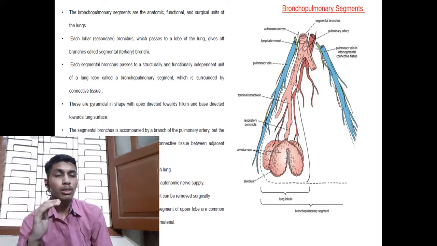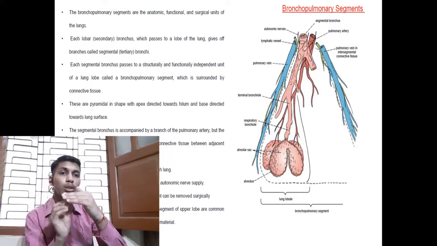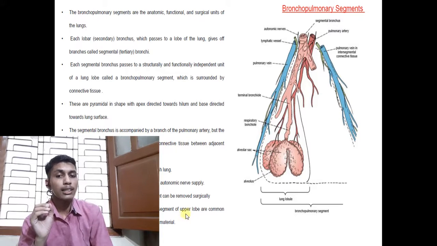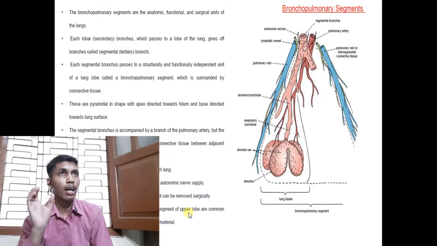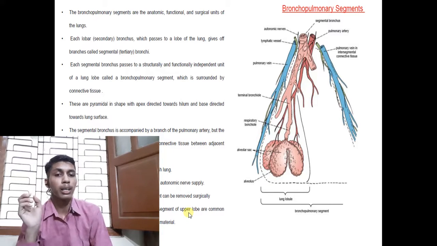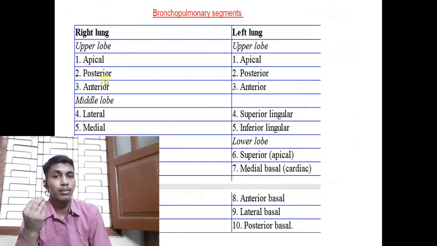Some segment of the lower lobe is present superiorly, which I am calling the apical segment. The upper lobe is divided into the apical, posterior, and anterior segments. The posterior segment of the upper lobe is a common site of lung abscess due to aspiration of infected material and continuous exposure to infectious agents.